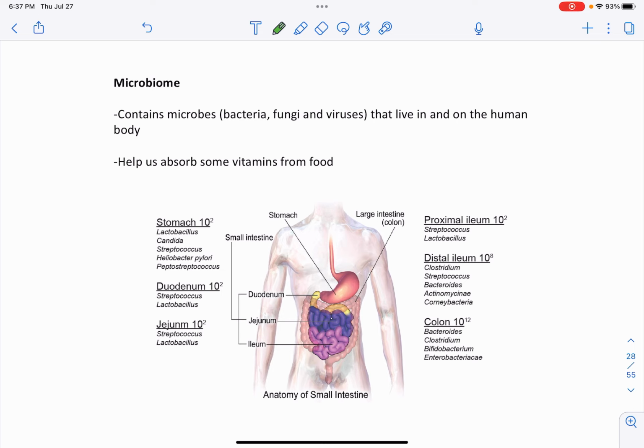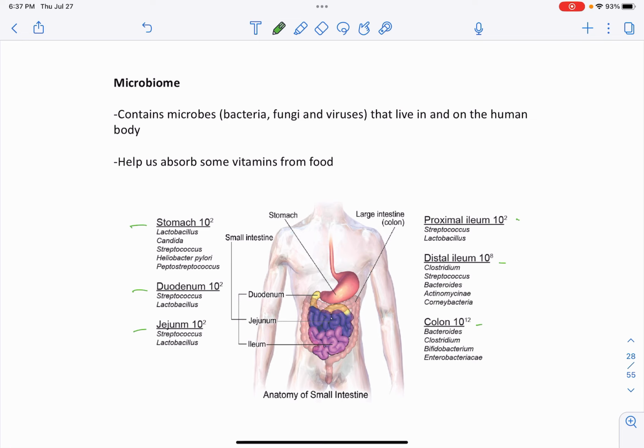So just to give you a little bit of an idea of what the microbiome is, it has to do with all of the microbes, all of the bacteria that live in our gastrointestinal tract, mostly living in our large intestine. So this diagram is telling you the amount of bacteria that you can find all along the digestive tract.